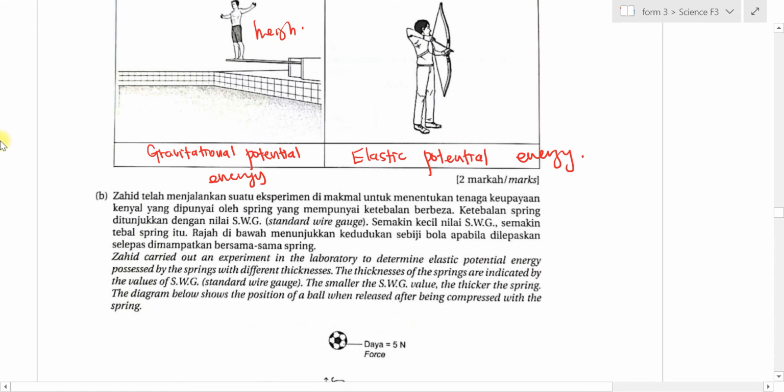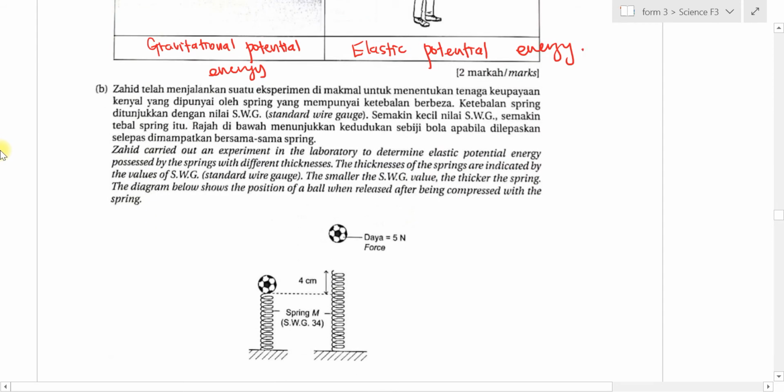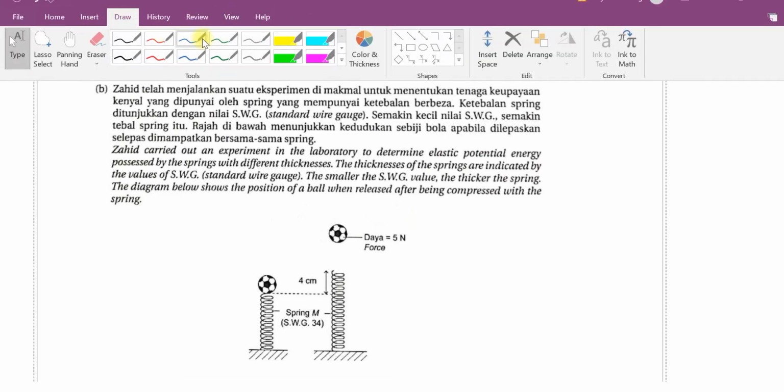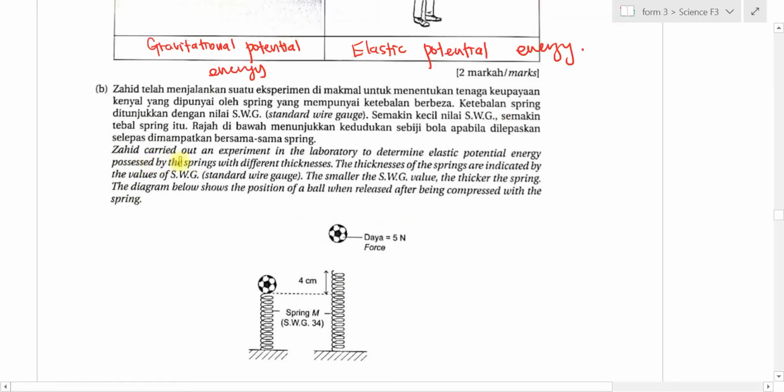Okay, now listen to the question carefully. Okay, now we see this. We got something new here, SWG. Okay, we'll see that. Zahid carried out an experiment in the laboratory to determine the elastic potential energy possessed by springs of different thickness.